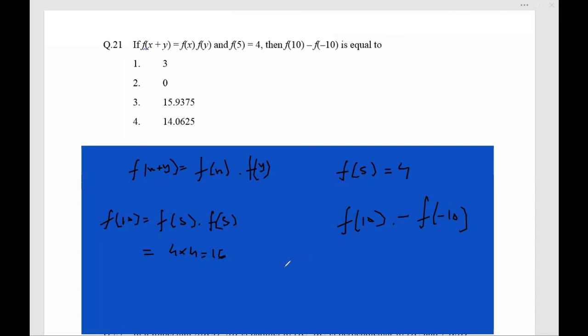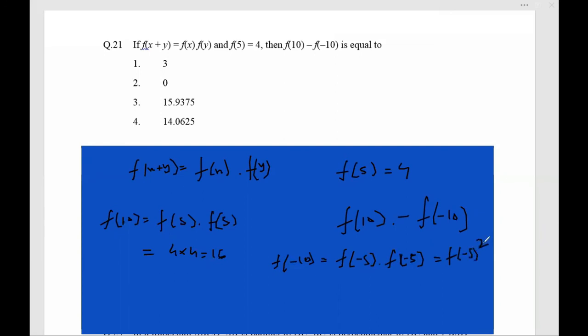f of minus 10 can be written as f of minus 5 into f of minus 5, that is f of minus 5 squared.